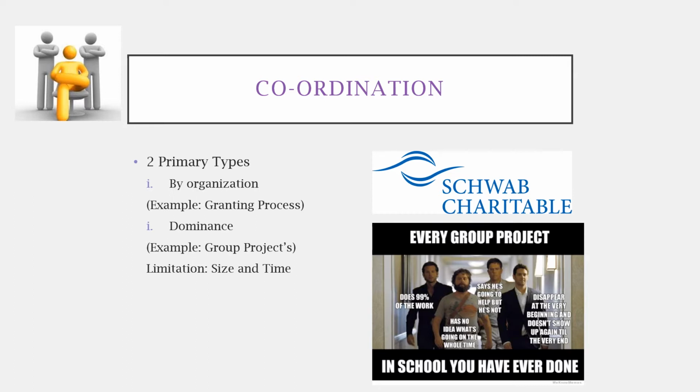And then once we receive those grants, I feel like that's when it goes into the dominance, which is the second primary type. From then on, it's kind of like just a group project. Again, depending on the season, we're assigned about 900 grants amongst a group of 10 of us, and we're all given our portion of grants depending on your skill and capability.